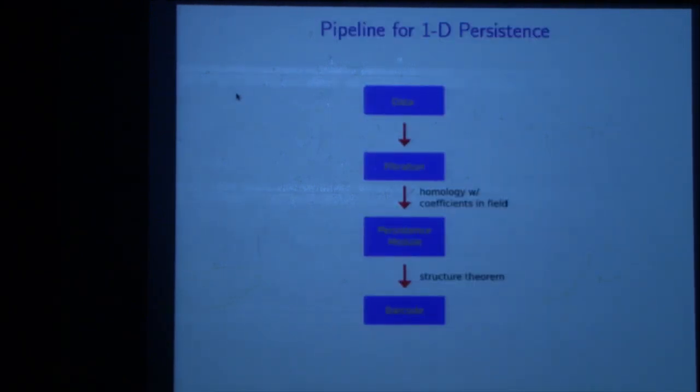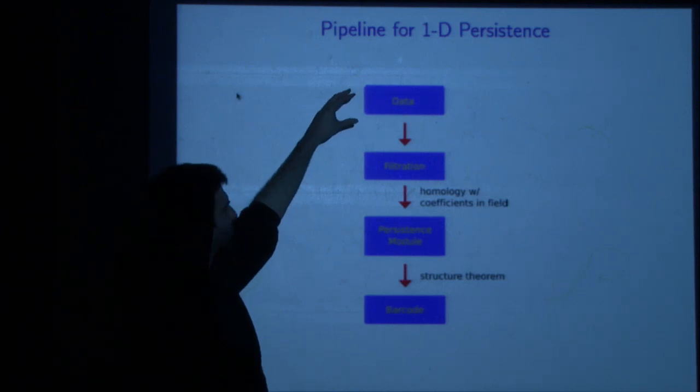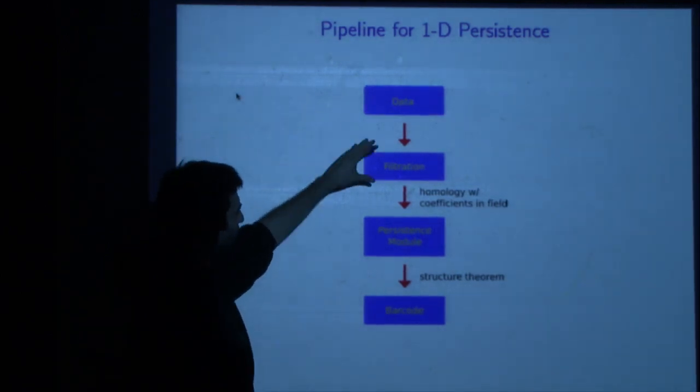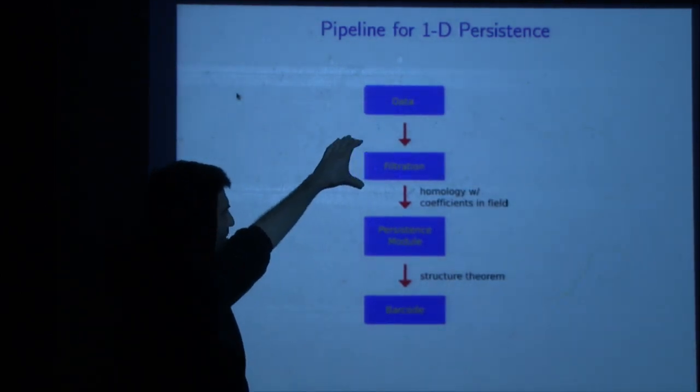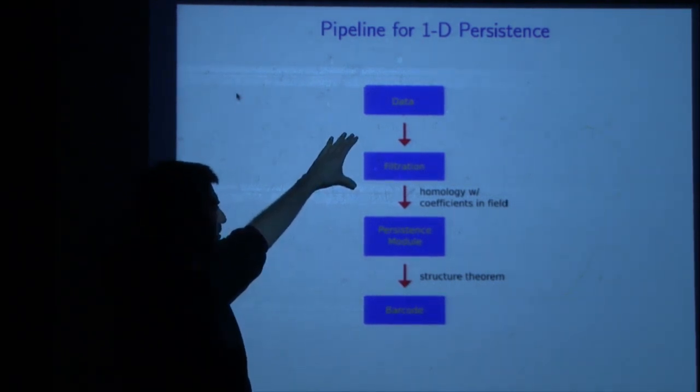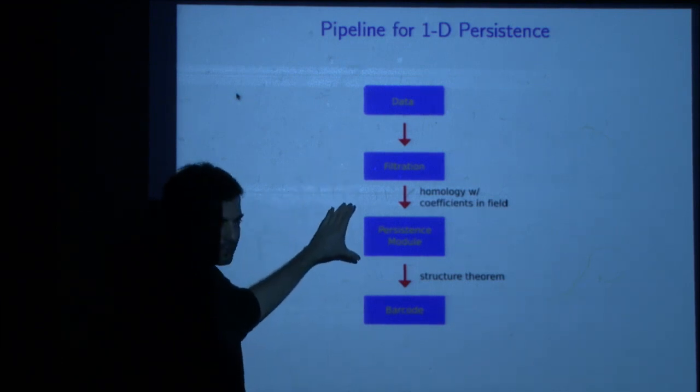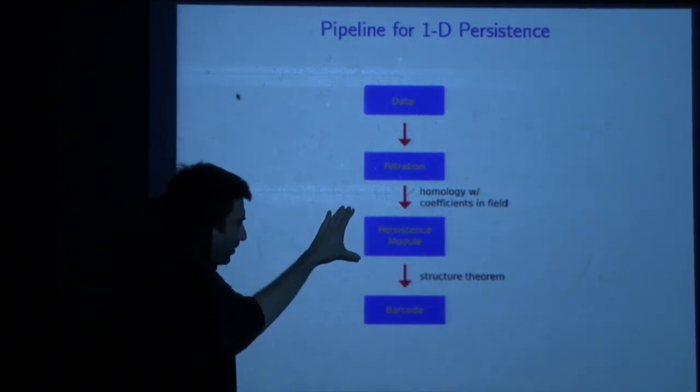Good. So how do we construct these barcodes? Well, there's a standard pipeline for this, and it proceeds in 3 easy steps as follows. We begin with our data, and we associate to this data a filtration, this topological object, and via an application of homology, we map this filtration to an algebraic object called a persistence module.